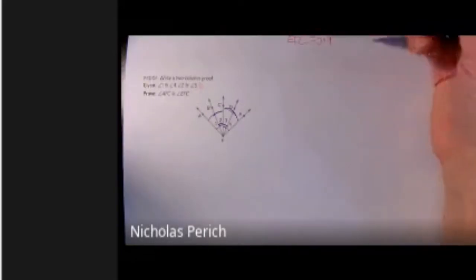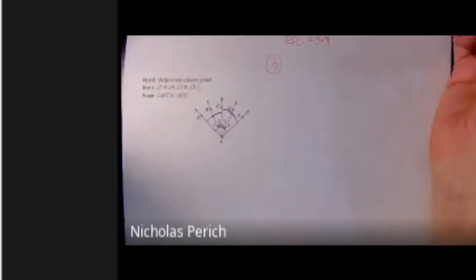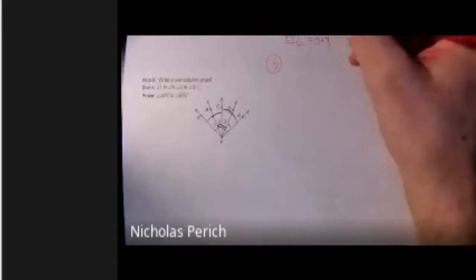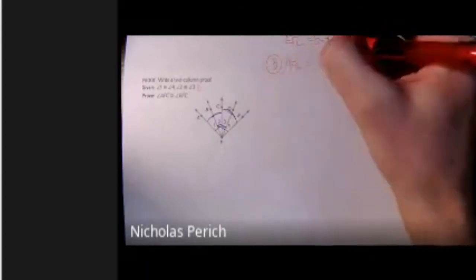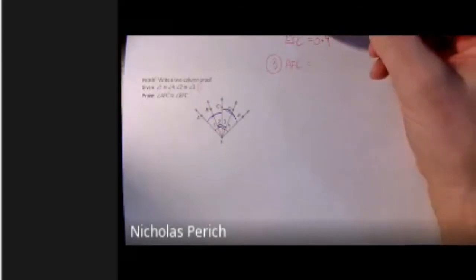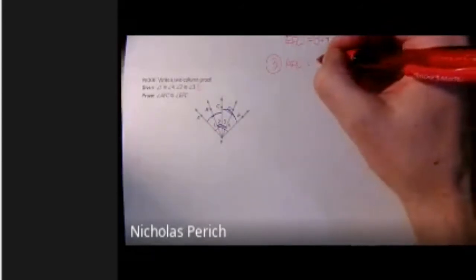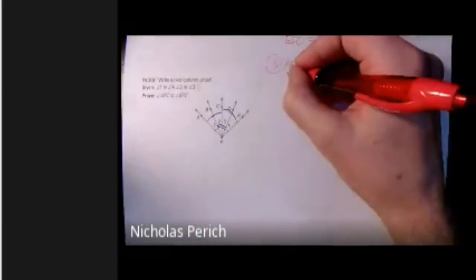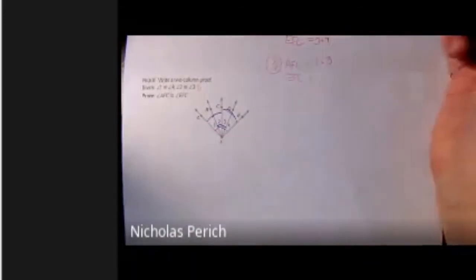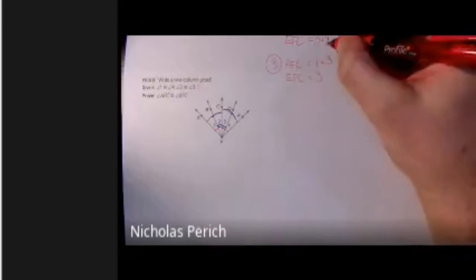Okay. So maybe what I should do is take the fact that AFC is equal to 1 plus 2 and turn 1 plus, well, what do I know 2 is? 2 is 3. So I'm going to turn 2 into 3. Since 4 is equal to 1, EFC, I'm going to keep 3 there, and I'm going to turn 4 into 1.